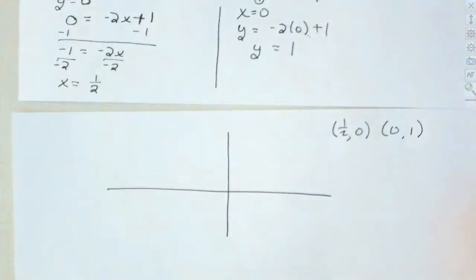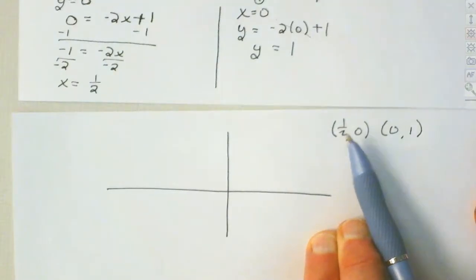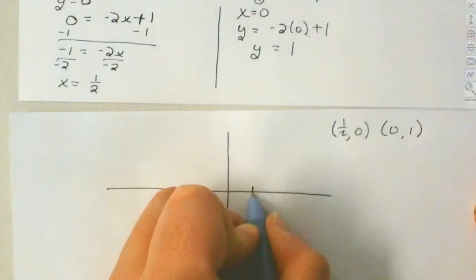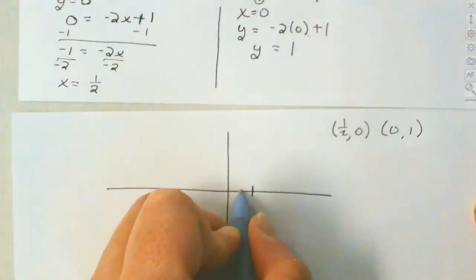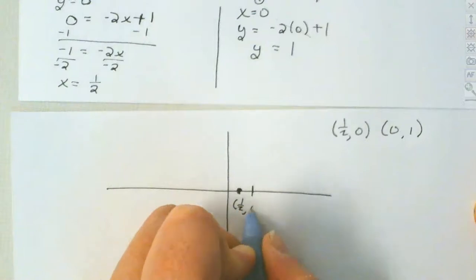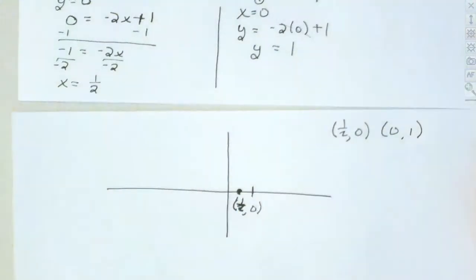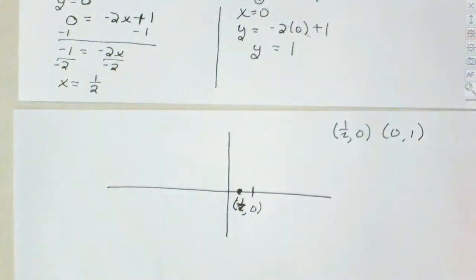What about my first one? Remember, this is a fraction, so what do we do? We just kind of guess as to where it's going to be at. A half. Well, what do we know about a half? Half is directly between 0 and what? 1. So a half, comma 0 is going to be right about there. And they don't have to be perfect graphs. These are just sketches, because if you wanted a perfect graph, you would use a computer or a graphing calculator.